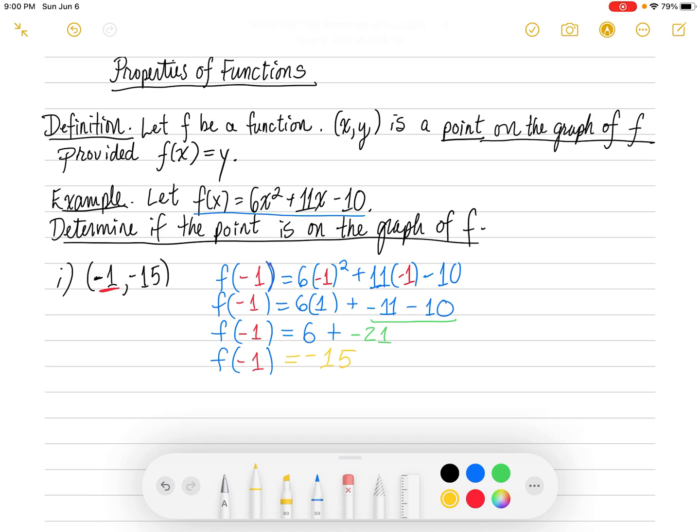So the question is, does our y value, -15 in yellow, match with this? Yes. So we're going to say yes, -1, -15 is a point on the function f, since when you plug in -1, you get out -15. f of -1 is -15.